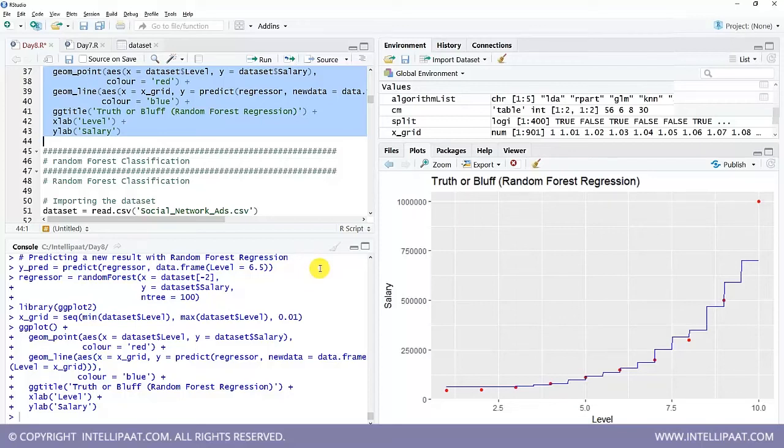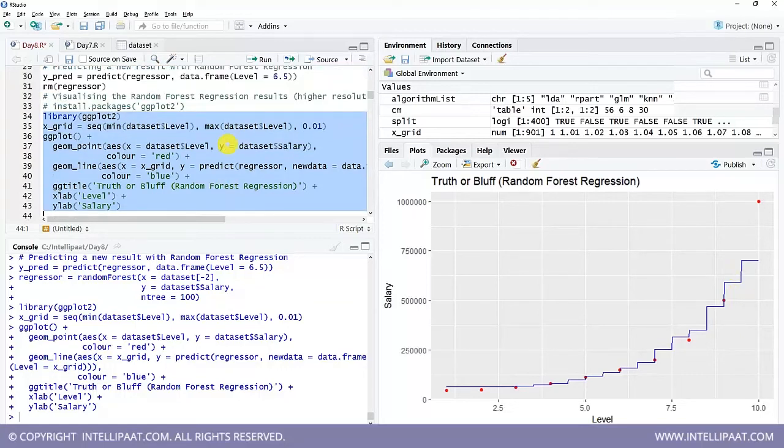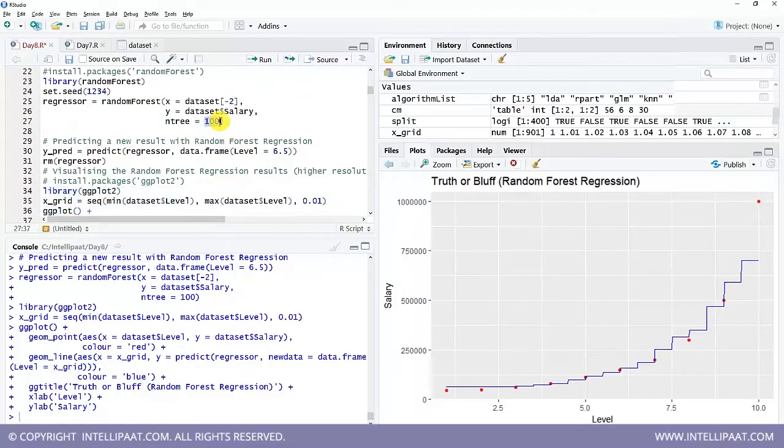The answer is actually no. There is an increase in the number of steps of the stairs, but it's not proportional. We have increased the number of trees 10 times. Did we get a 10 times increase in the number of steps as compared to the model with 10 trees? No, it is just 15. That is almost a 50% increase. We did not get a 10 times increase. So it's going to even out, it's going to converge at some point of time. And if it is 15 steps here, let's do it with regression with 500 trees.